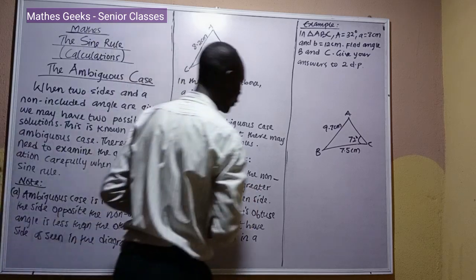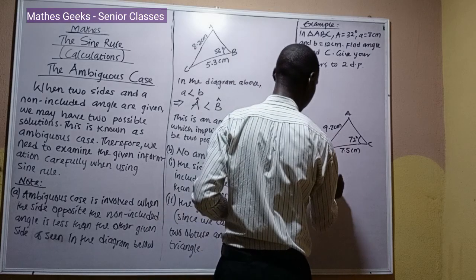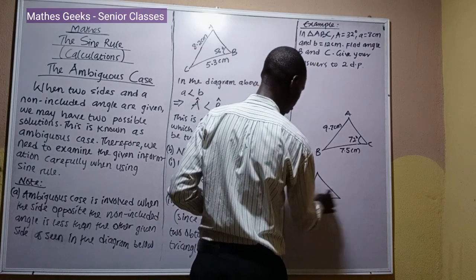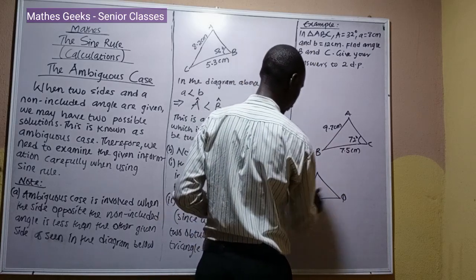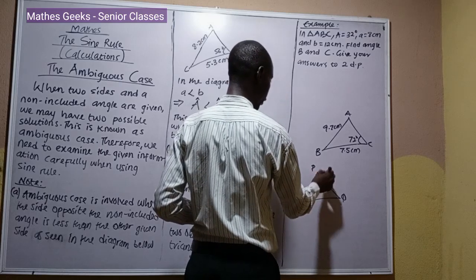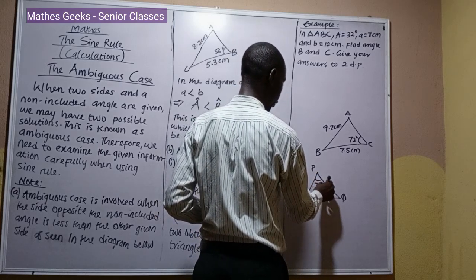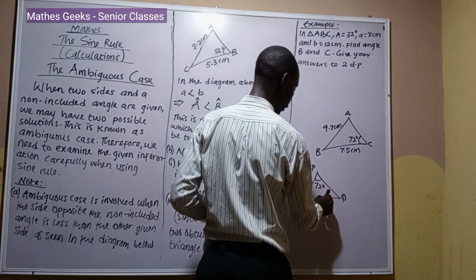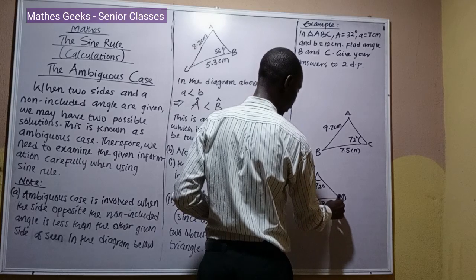So let's now have triangle PQR, where this is the included angle of 72 degrees and this side is 8.7 centimeters.